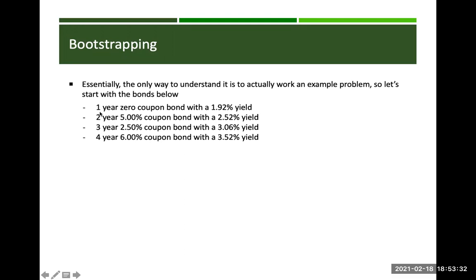So what I'm going to do is price the forward rates: 1 year, 2 year forward; 2 year, 3 year forward; 3 year, 4 year forward. That's the 1 year interest rate that goes from the end of this year to the end of next year. The 1 year interest rate that goes from the end of year 2 to the end of year 3.